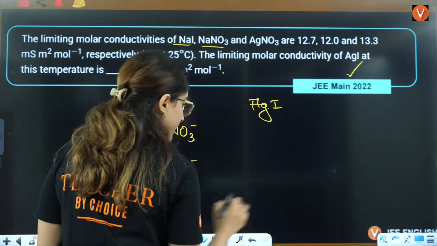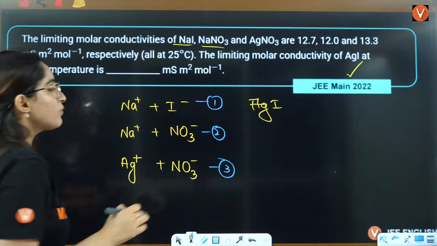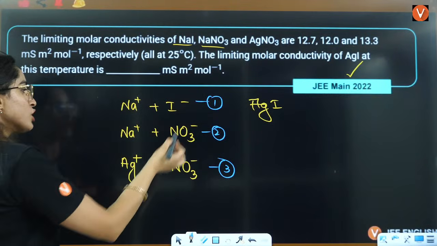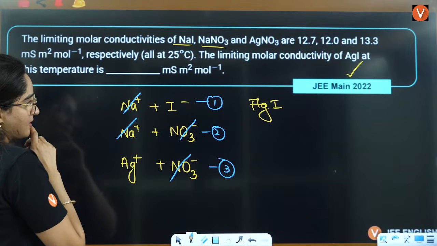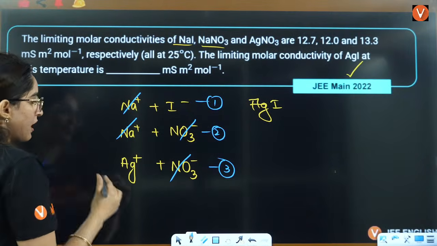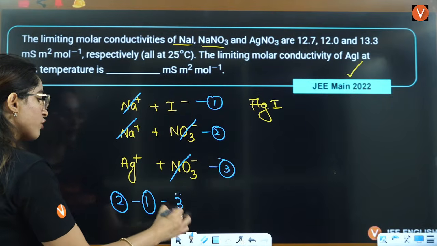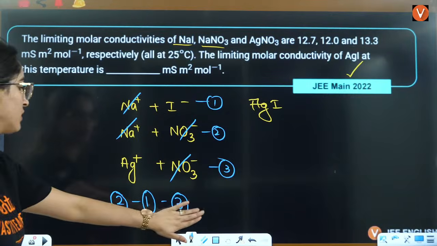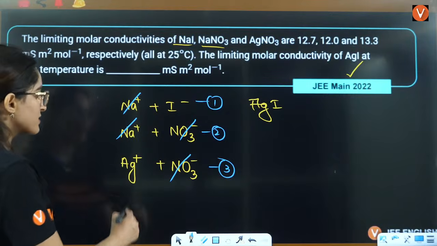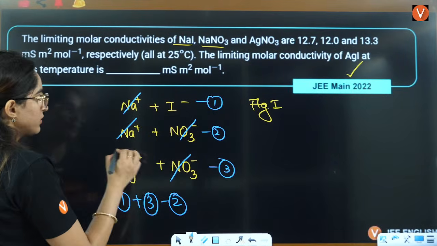So what I'll do here, I'll subtract the ones that are not needed. So I'll say 1 plus 3 minus 2.